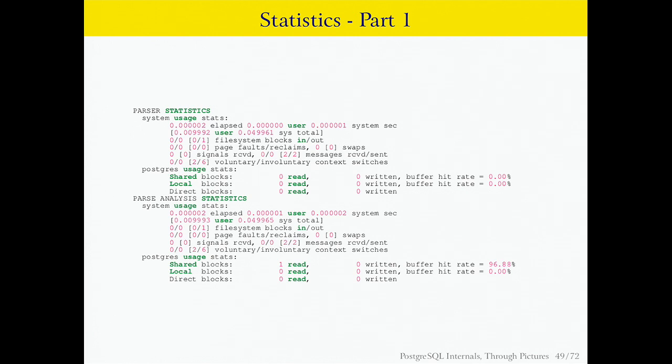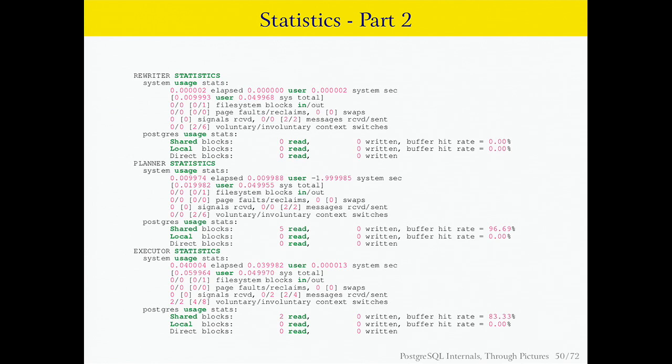And you can actually see. So for example, what it's showing here is the parser, which is just the grammar, just the tokenization, tells me how many seconds it took, fractions of a second, how long parse analysis took, how long the rewriter took, how long the planner took, that's the optimizer, and how long the executor took.